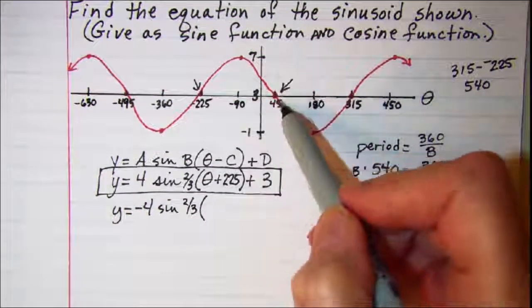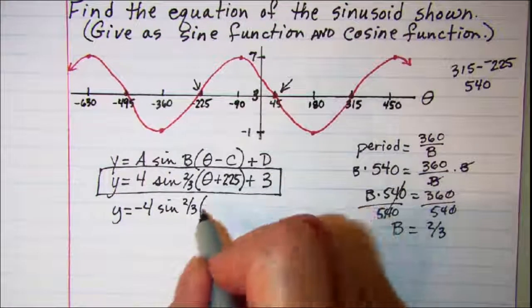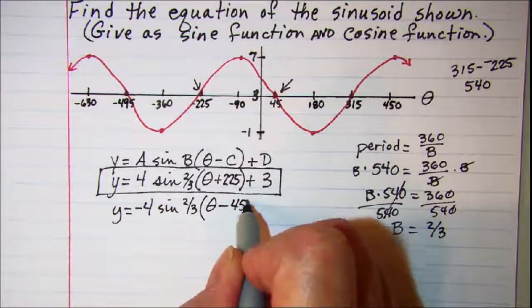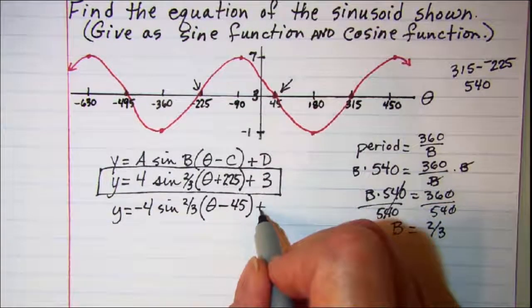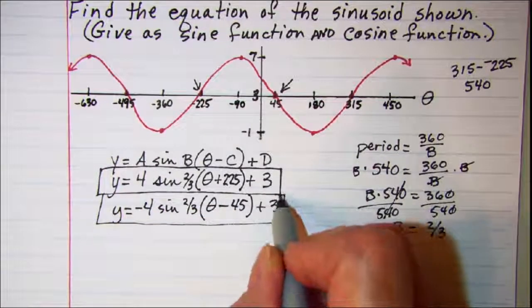But now the phase shift, or the angle where I'm starting, is right 45. So I would have theta minus 45 for my phase shift. So this would also be another sine equation.